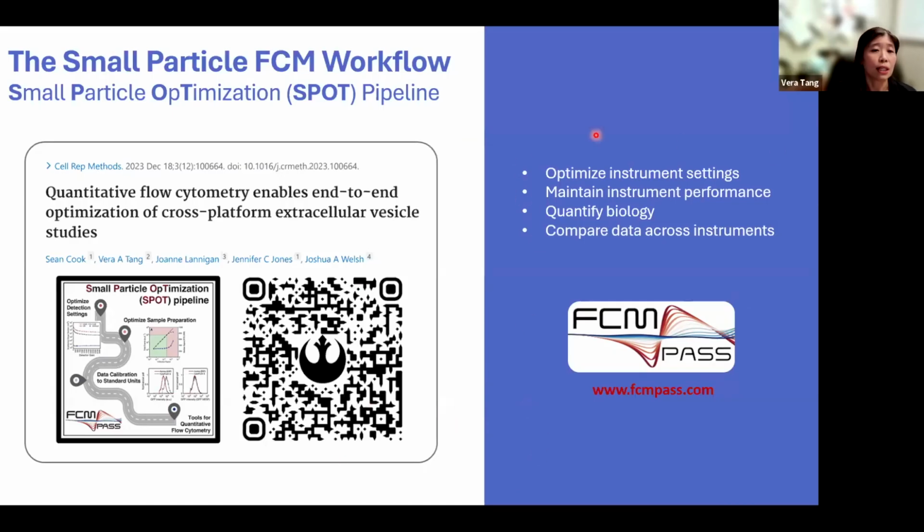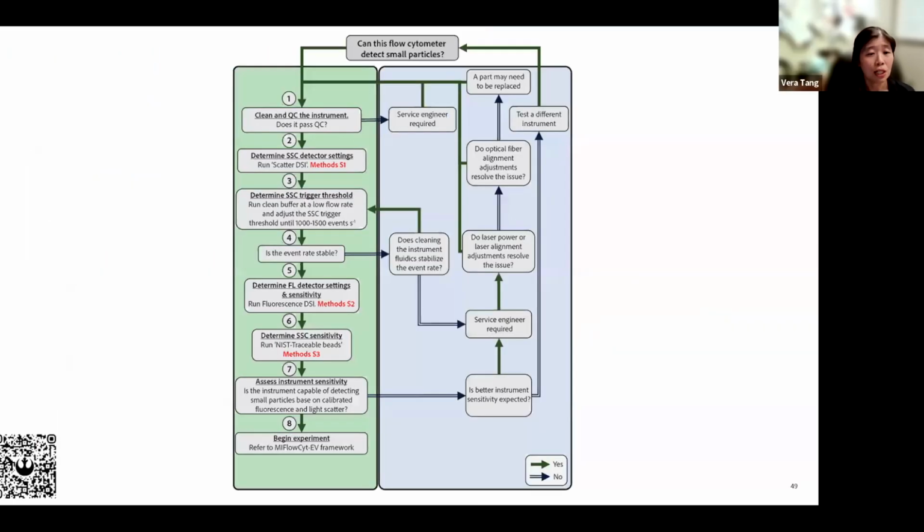What we're doing is helping you automate this optimization for instrument setting, maintaining instrument performance, because once you've done this, you'll know a lot more about your instrument performance. And the goal, of course, is to quantify biology and be able to compare data across your different instruments.